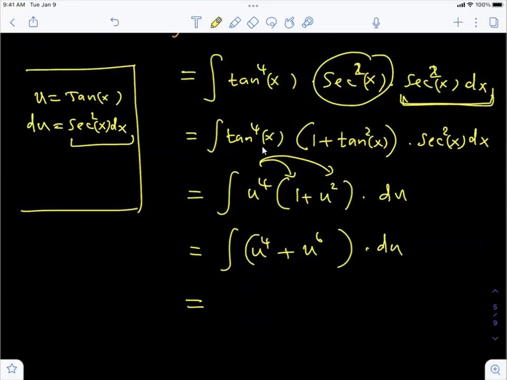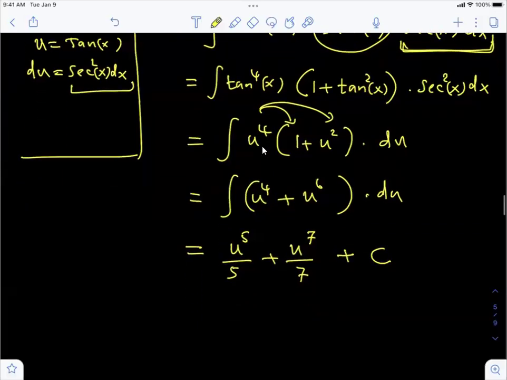Now here, when you integrate, you will end up getting each component by the power rule. So u to the 5 over 5 plus u to the 6 over 6, then u to the 7 over 7, I'm sorry, updated, u to the 7 over 7, and then plus c.